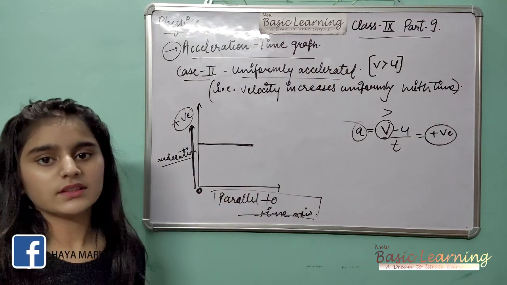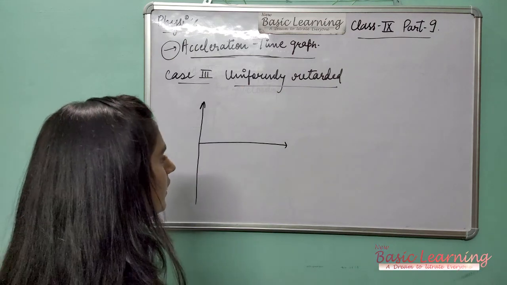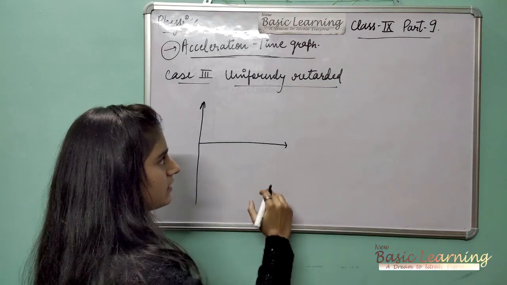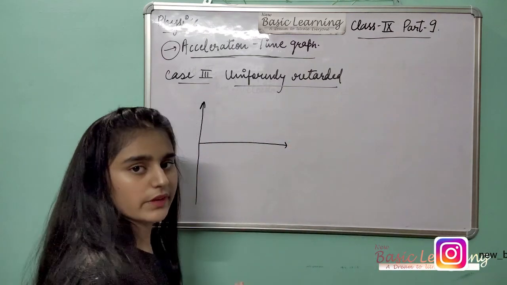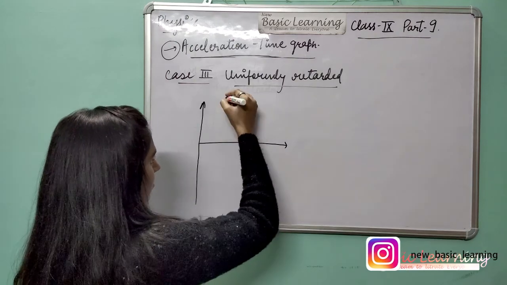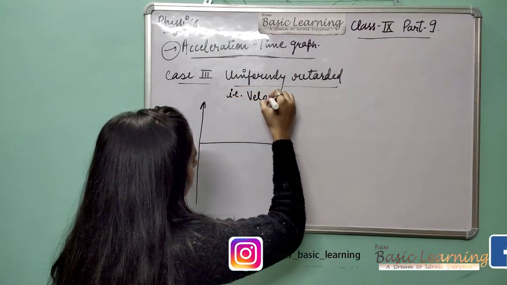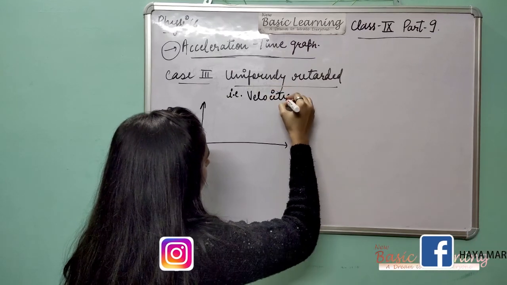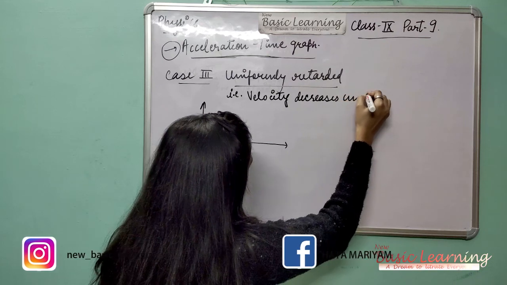Now let's move to the third case. The third case is about uniformly retarded motion. Uniformly retarded means when the velocity decreases uniformly with time.